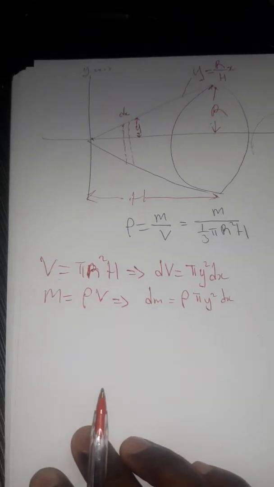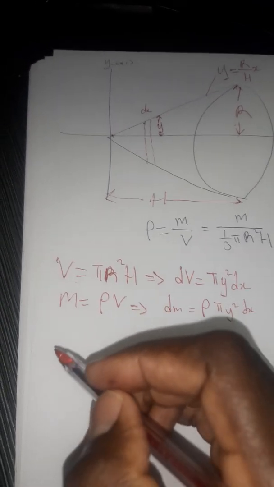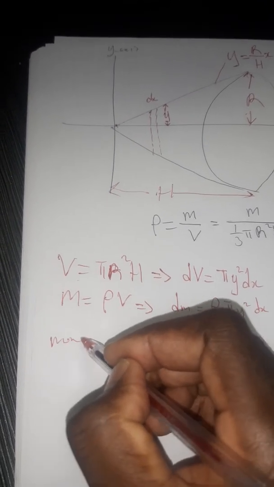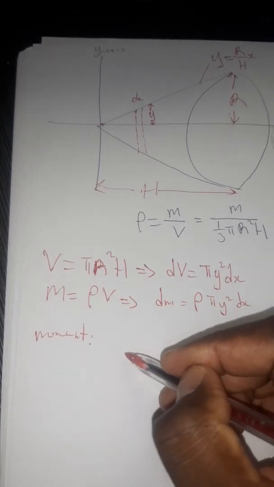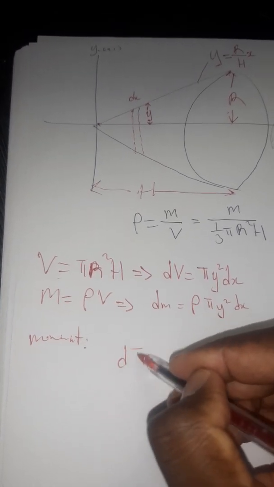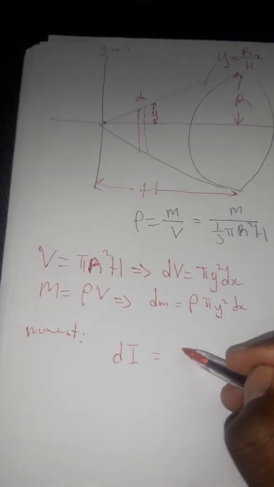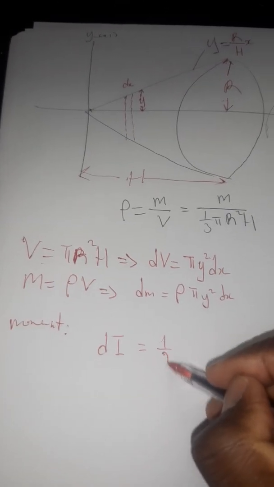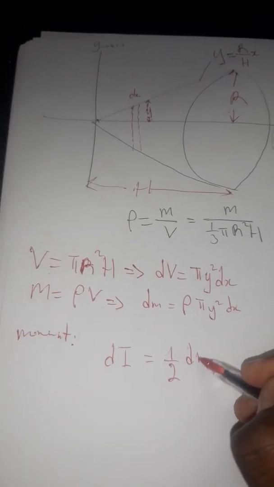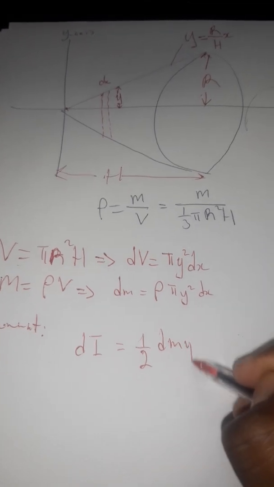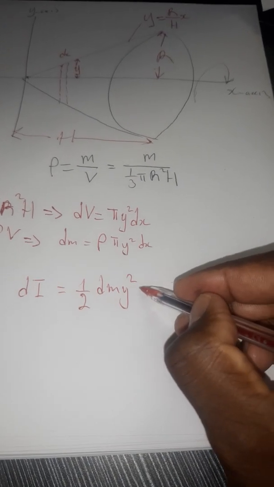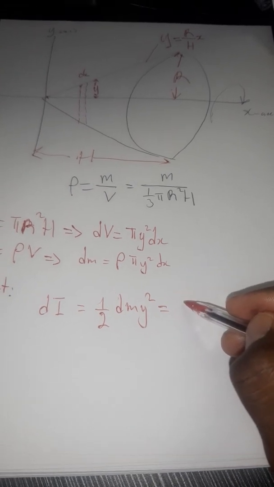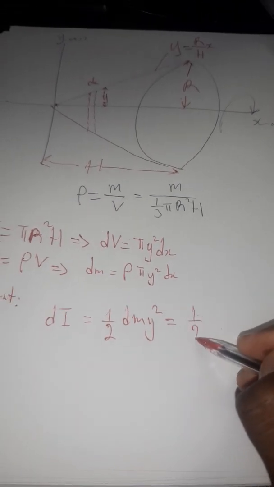What about now the moment of inertia of a disk? The moment of the disk, dI, equals half the mass of the small disk times y squared.